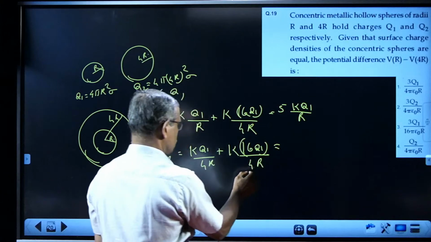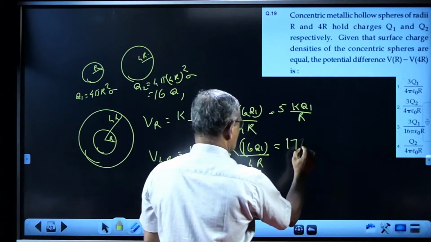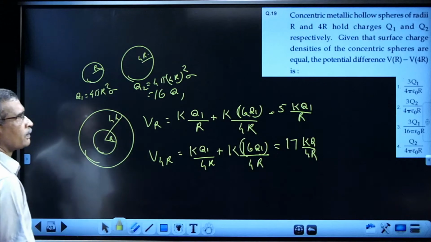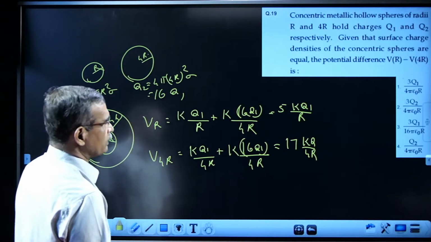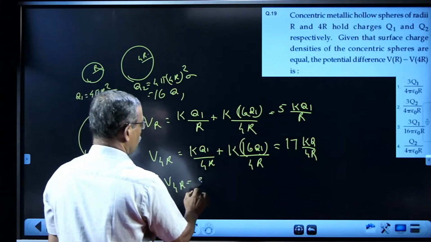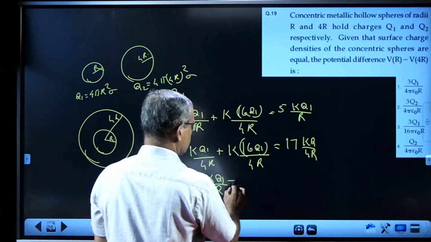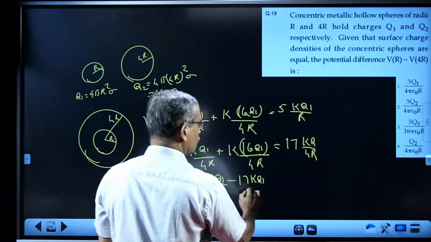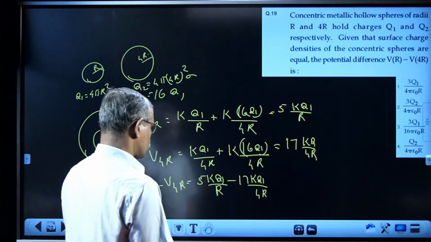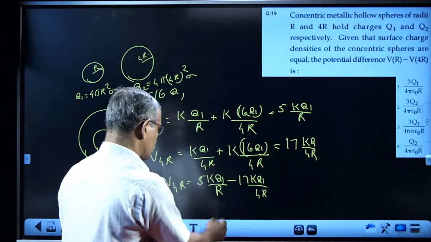On calculation, 17 K Q1 by 4R. Now the question is the difference. V_R minus V_4R equals 5 K Q1 by R minus 17 K Q1 by 4R. Now subtract and get the answer.